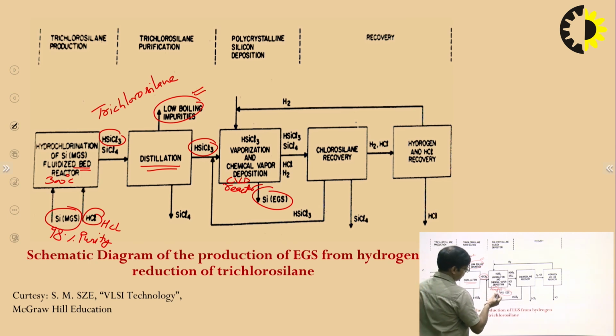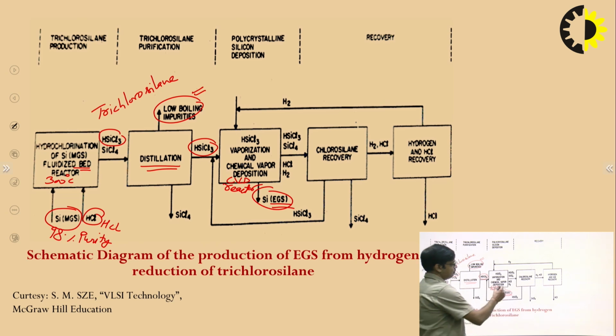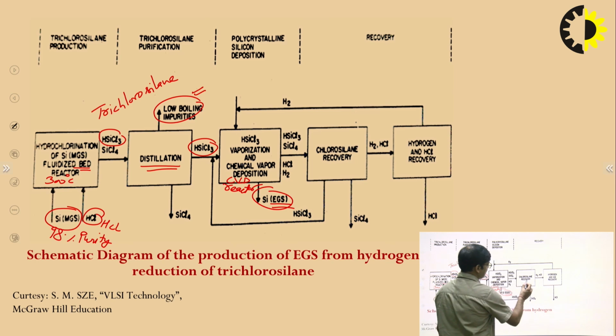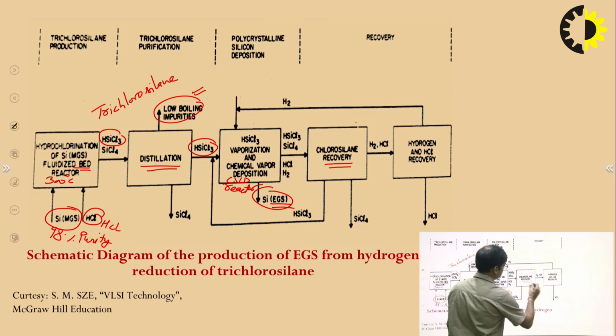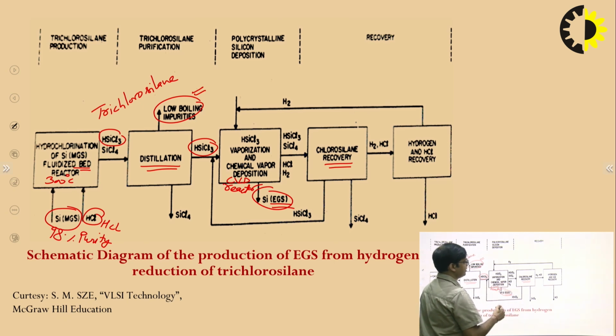The purer trichlorosilane goes to the CVD reactor, and here the trichlorosilane gas is converted back into solid silicon form. This silicon, which is much purer than MGS, is known as EGS, electronic grade silicon. Now further, the byproducts of this CVD reactor process are further processed and their useful materials are recovered.